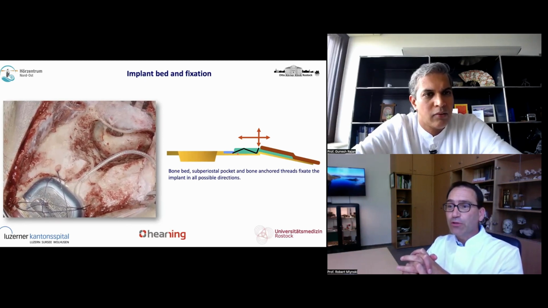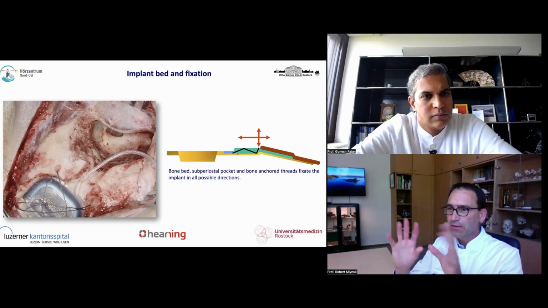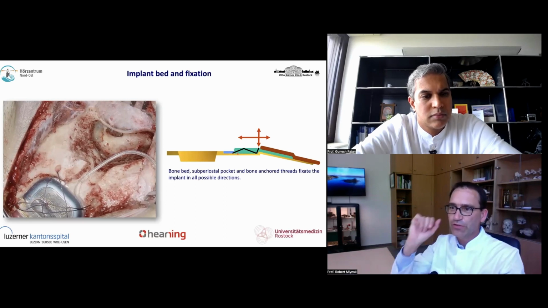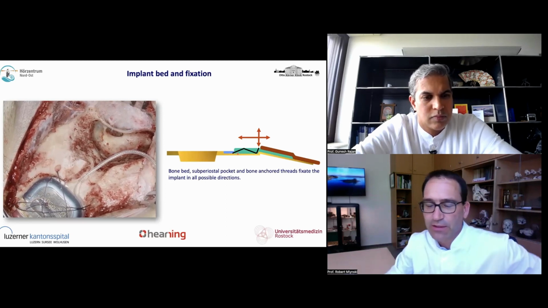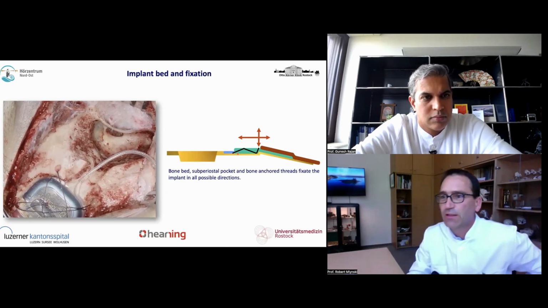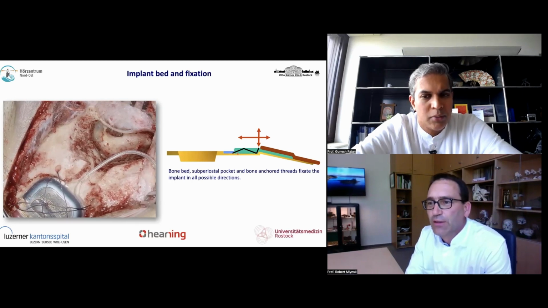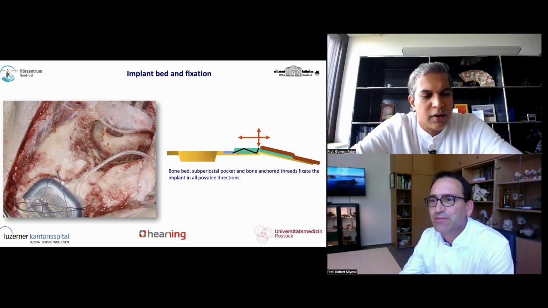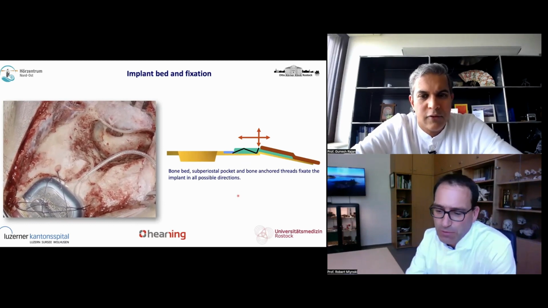I do use resorbable, because when I do revision surgeries where patients were tied down with non-resorbable, the thread is in bits and pieces everywhere, and it's not a continuous thread anymore. So there's no point in using non-resorbable. Did I make this point clear? Yeah. Same for me. So non-resorbable is no need.